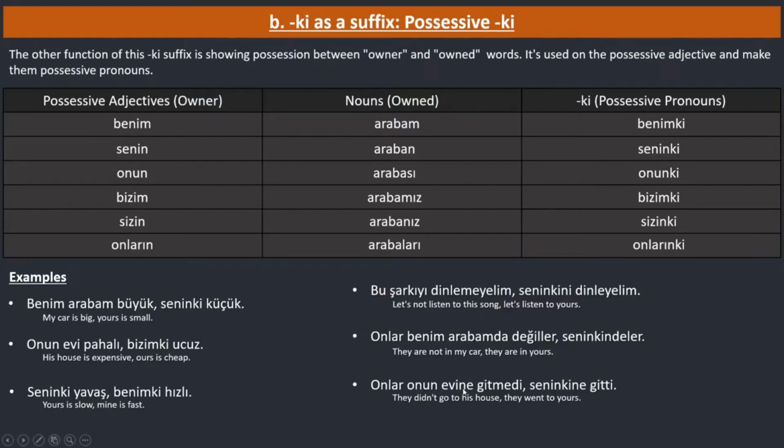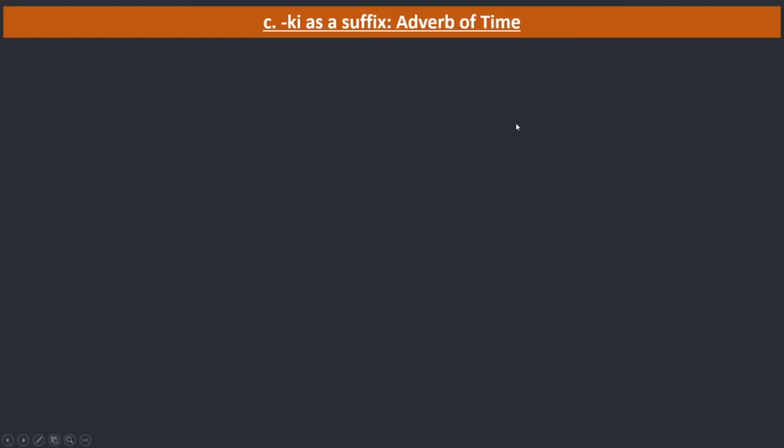So when I have this ne, the dative ending, like for to, I say seninkine gitti. They went to yours. Onlar onun evine gitmedi. They didn't go to his house. They went to yours.